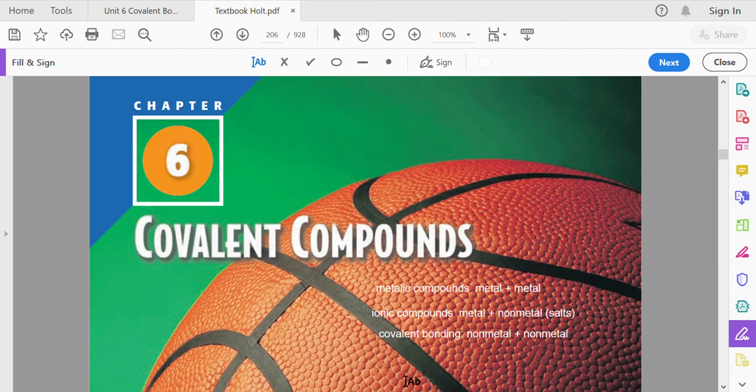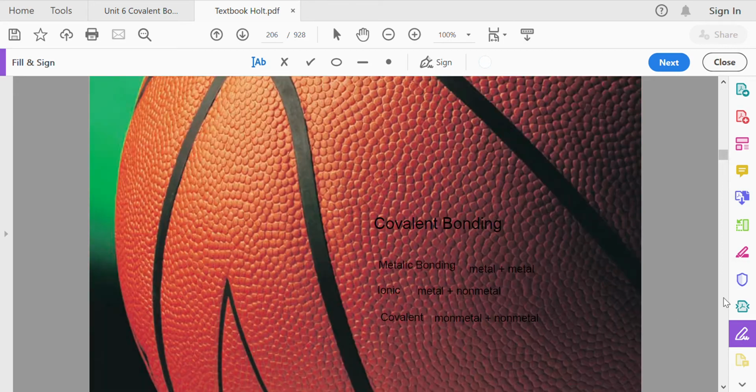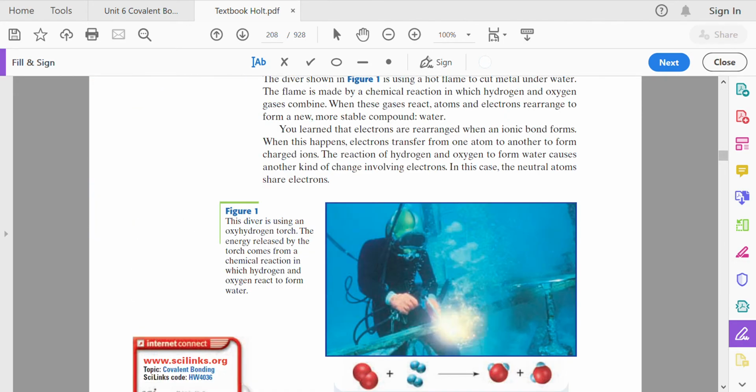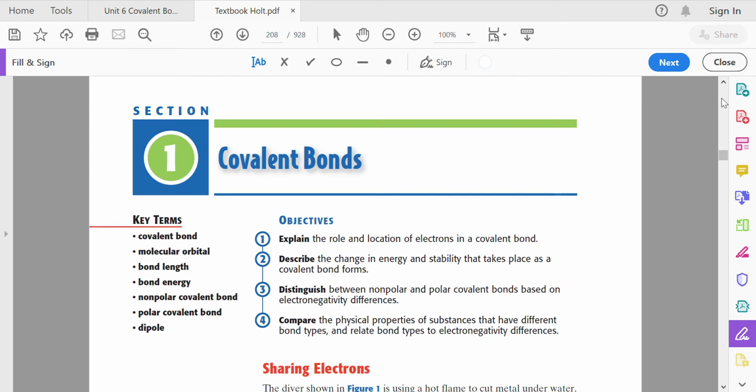So what do we want to learn? Well, let's go to the next screen. So here are our objectives. For covalent bonds, explain the role and location of electrons in a covalent bond, describe the change in energy and stability that takes place as a covalent bond forms, distinguish between nonpolar and polar covalent bonds based on electronegativity differences, compare the physical properties of substances that have different bond types, and relate the types to electronegativity differences.